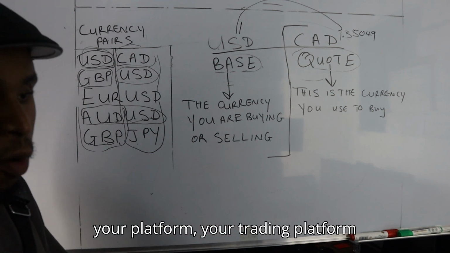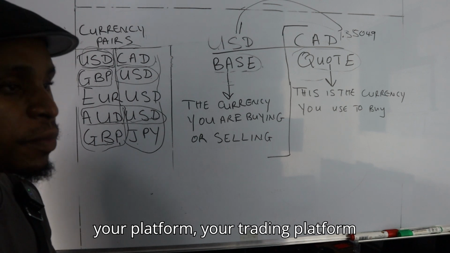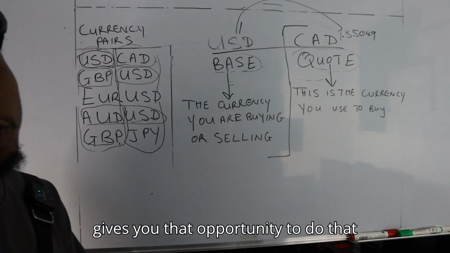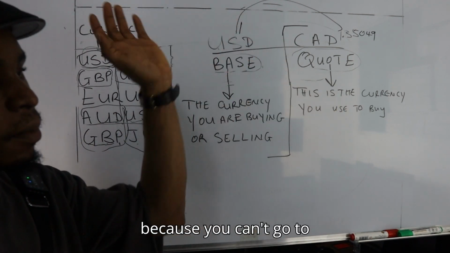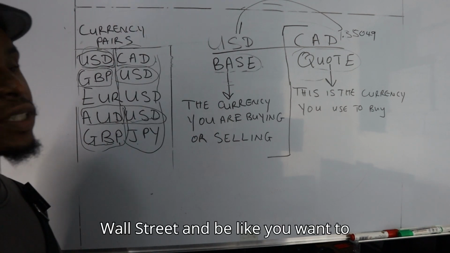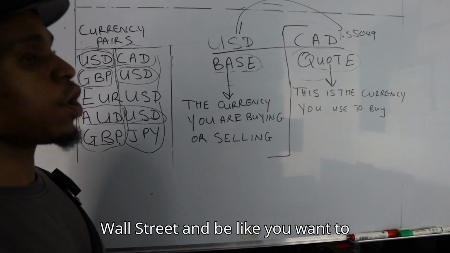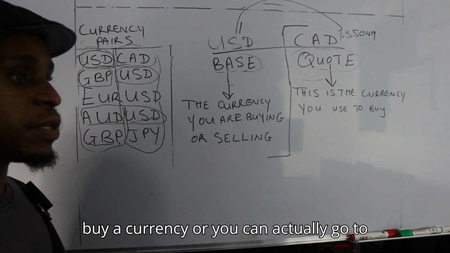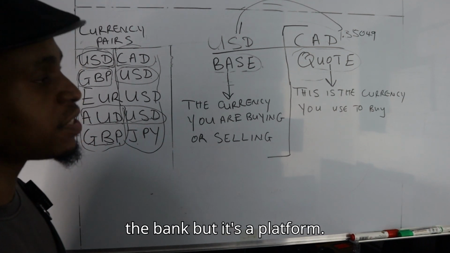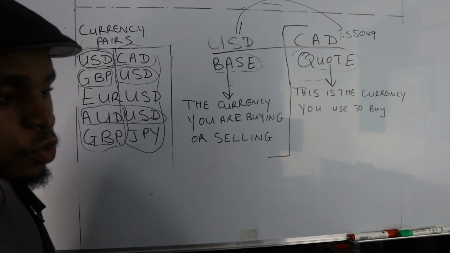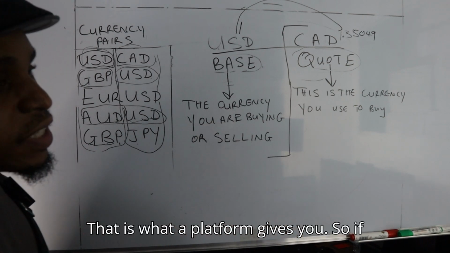But your trading platform gives you that opportunity, because you can't go to Wall Street and say you want to buy a currency. You can actually go to the bank, but it's a platform. So that is what a platform gives you.